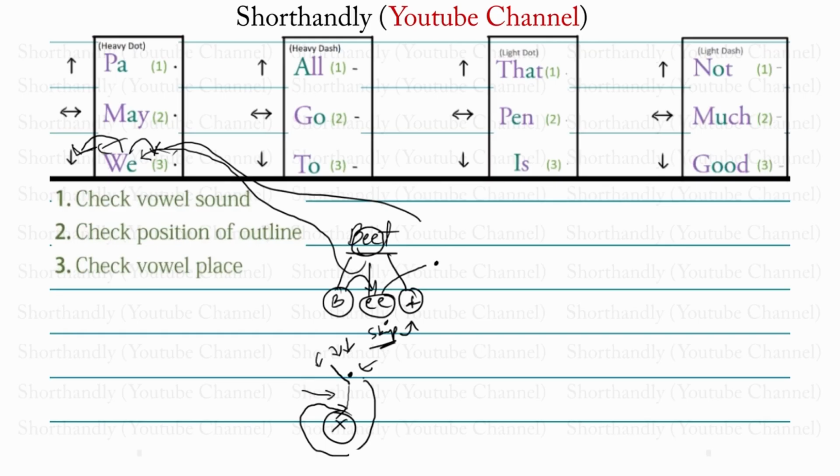And the rule says whenever we have to put the vowel on the third place, and any other stroke or curve has to be attached with it, then that vowel will be transferred to that next stroke or next curve. So instead of making it like this, which is a wrong way, we will simply make the word beat like this.